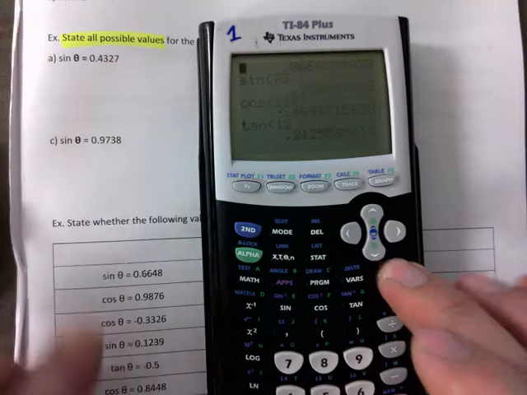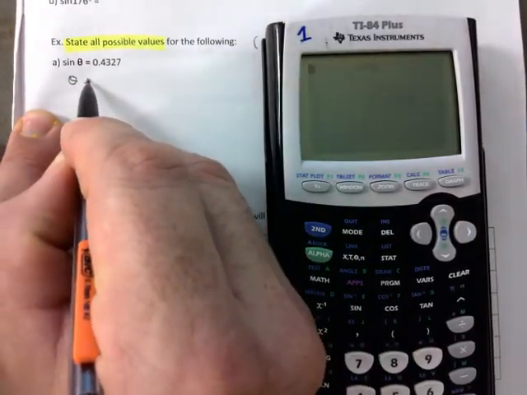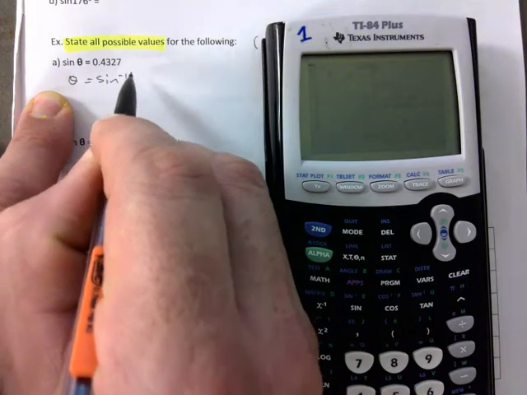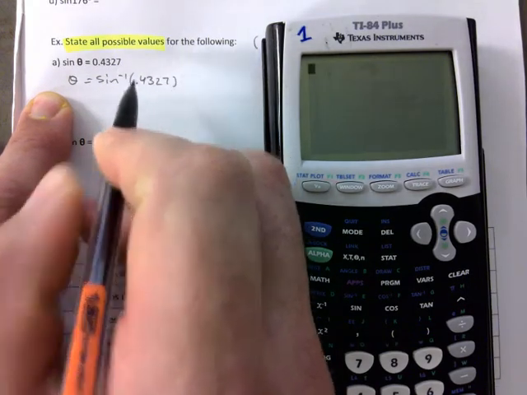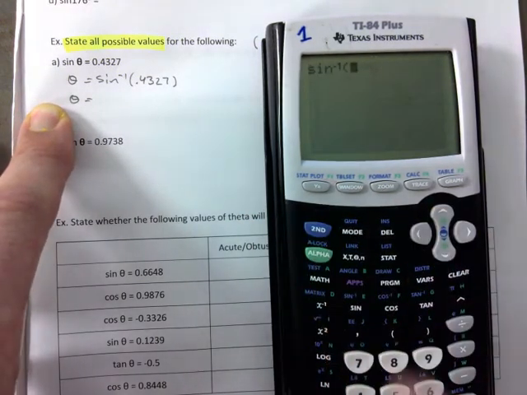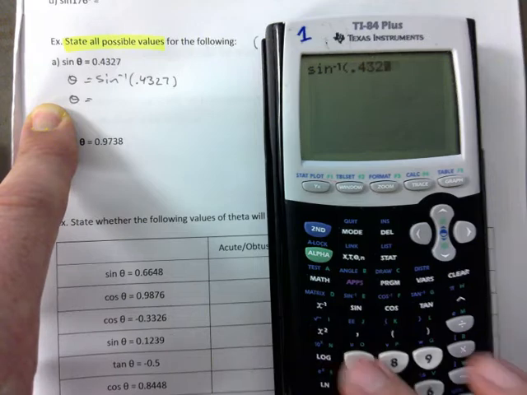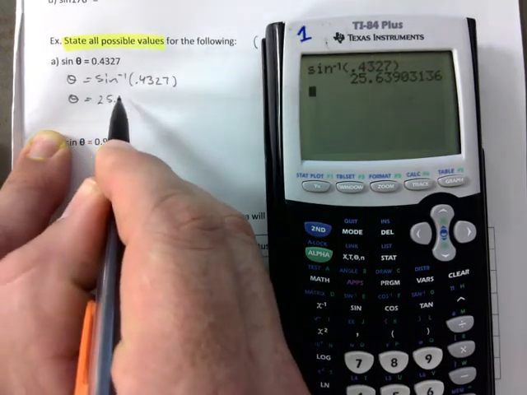So watch this carefully. What you do here is to find theta, you got to go sine inverse of 0.4327. Correct? You're with me? So I'm going to go inverse sine of 0.4327, and that's 25.64.